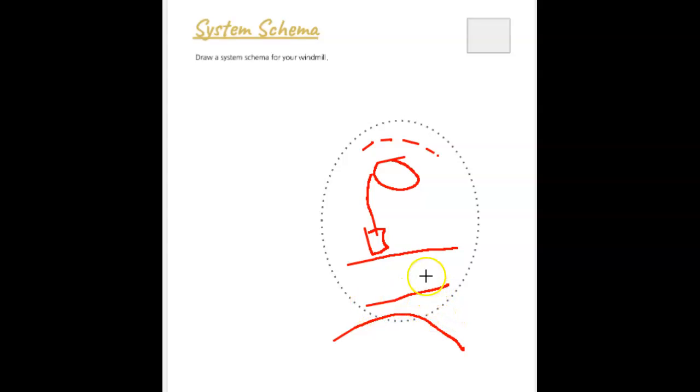The other thing that people did wrong on the system schemas is that they did not follow the instructions again, or follow the rubric, on how to draw a system schema.